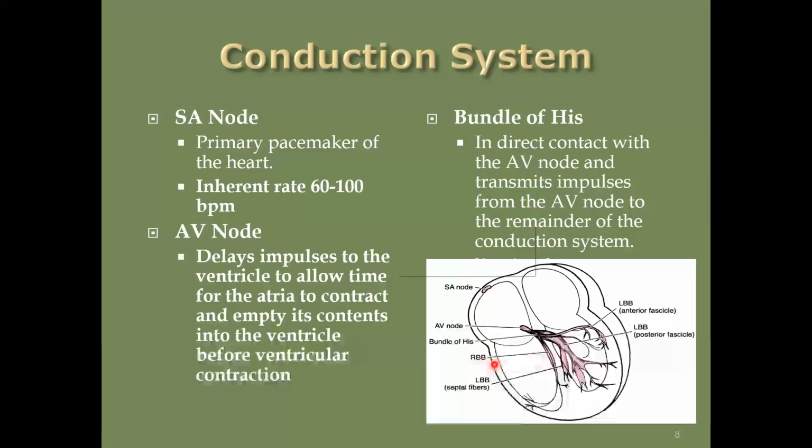All right. And as I had mentioned about the SA node, that's the intrinsic pacemaker of the heart, or inherent pacemaker of the heart, and it should be sending out impulses between 60 and 100 times per minute. And then here's your AV node, and it serves like a gatekeeper. So it holds onto the impulse, allows the atria to contract so that you don't lose your atrial kick.